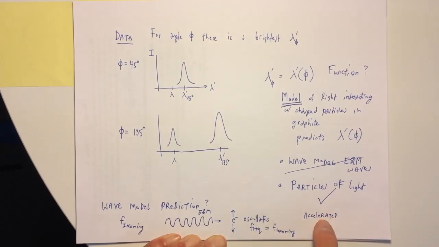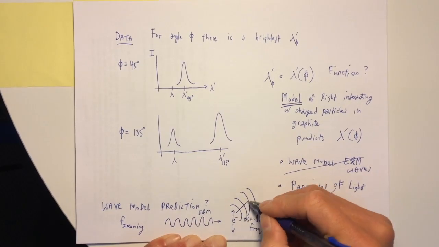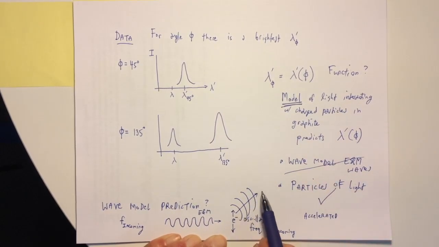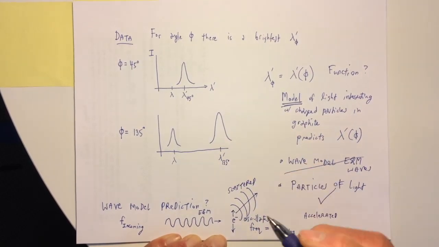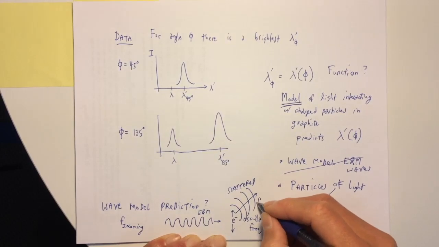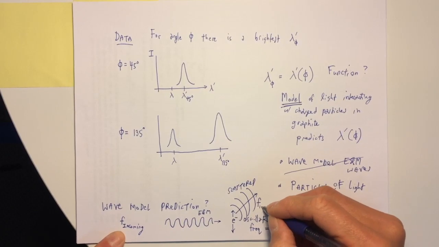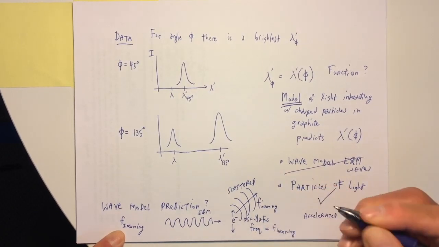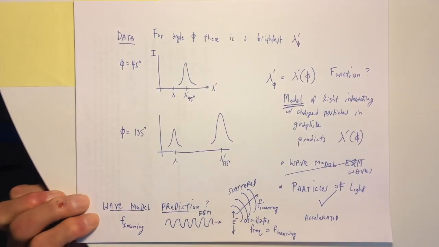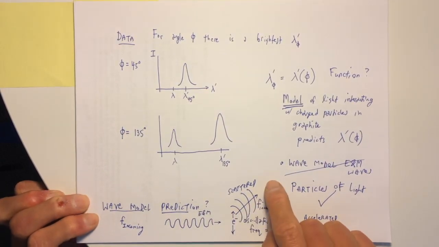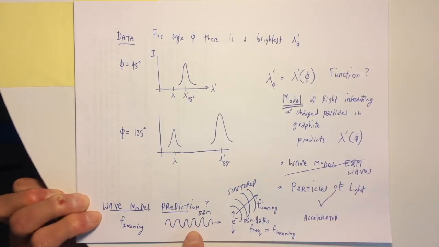The acceleration is switching, has a frequency that generates electromagnetic radiation. This is the scattered radiation. And this scattered radiation has the same frequency as the incoming. This is the wave model prediction. Specifically, it predicts that the scattered radiation is going to be the same frequency as the incoming radiation.